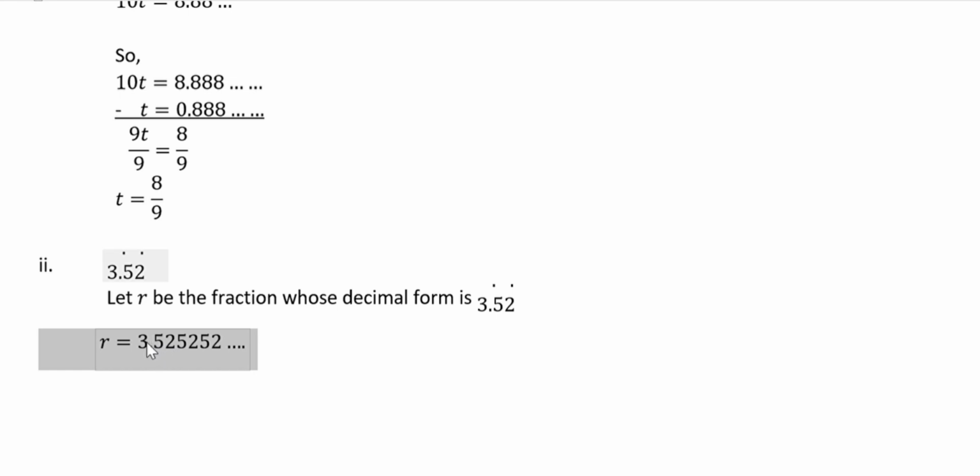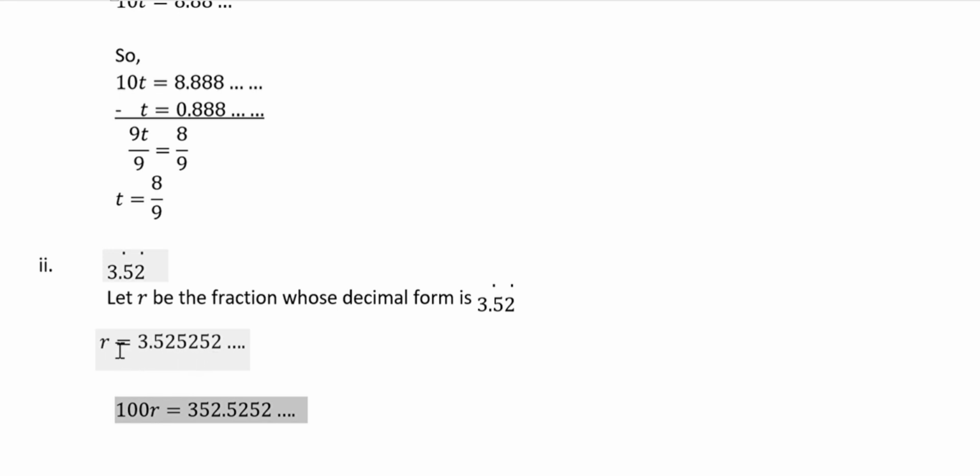By so doing, the decimal will move from here to here. So we shall have 100r, when you multiply by 100 here, is equal to 352.5252, like that. Subtract the original fraction and decimal, this one that we have said r is equal to the fraction and this is the decimal part.